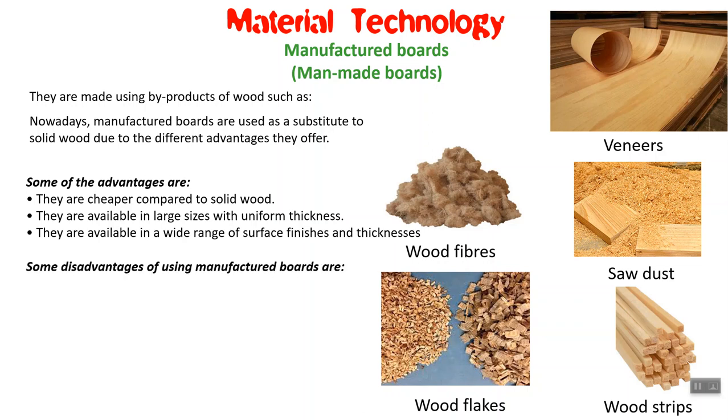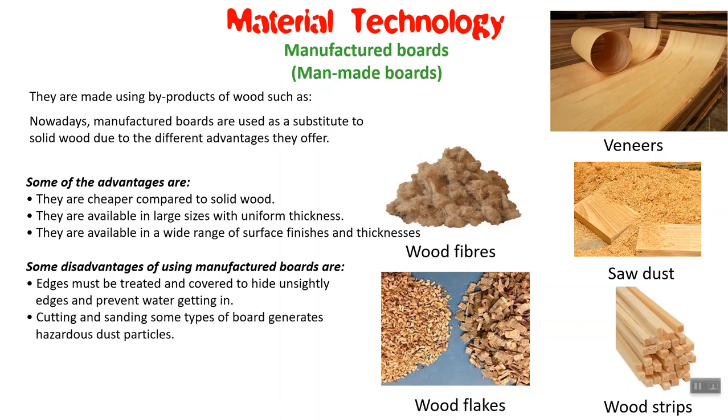There are also some disadvantages of using manufactured boards. Their edges must be treated and covered to hide unsightly edges and prevent water getting in. Cutting and sanding some types of boards generates hazardous dust particles which may harm our health.